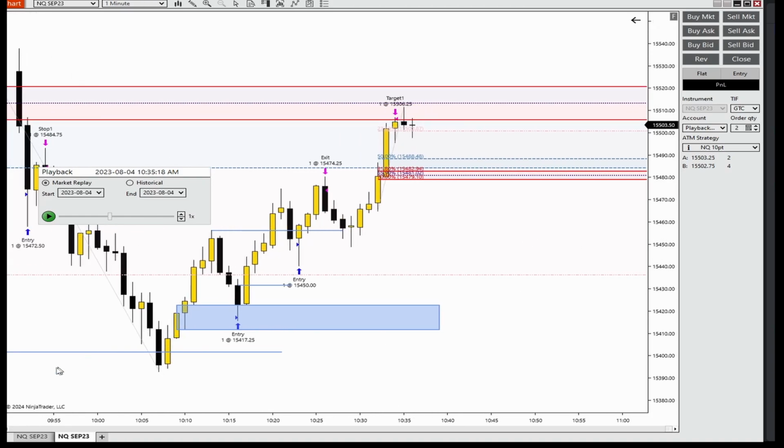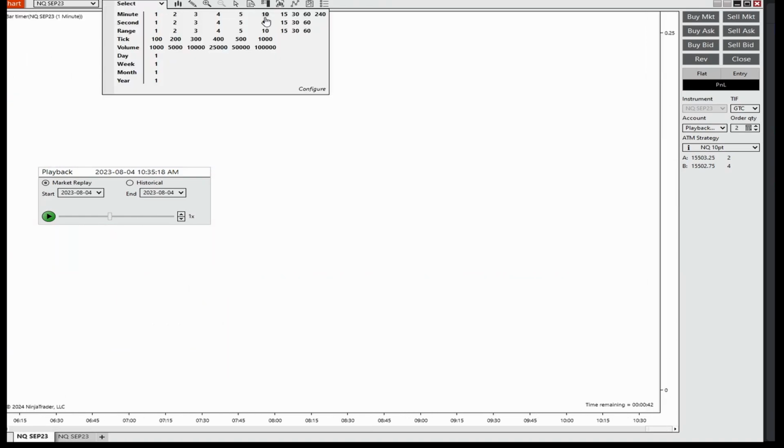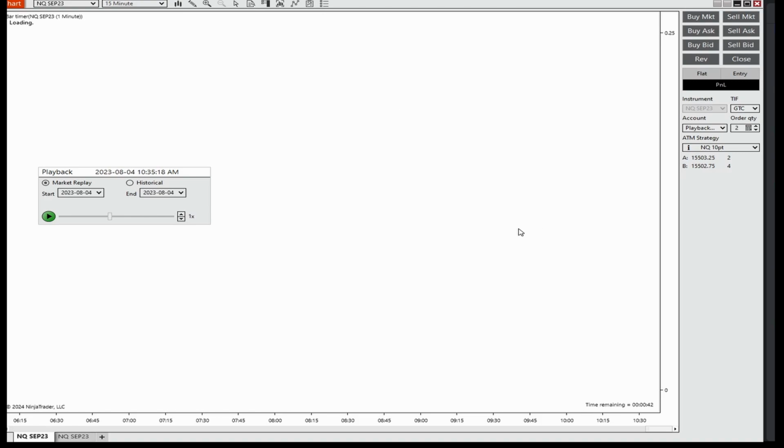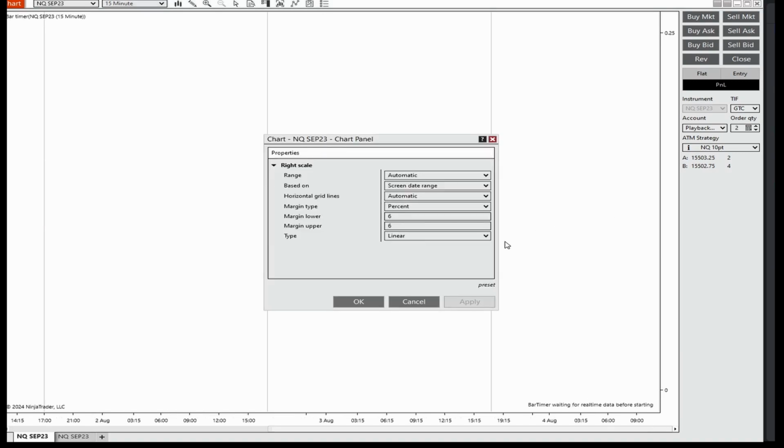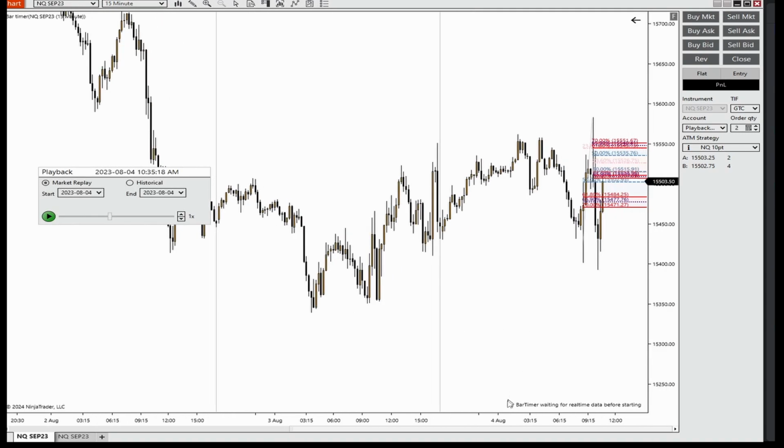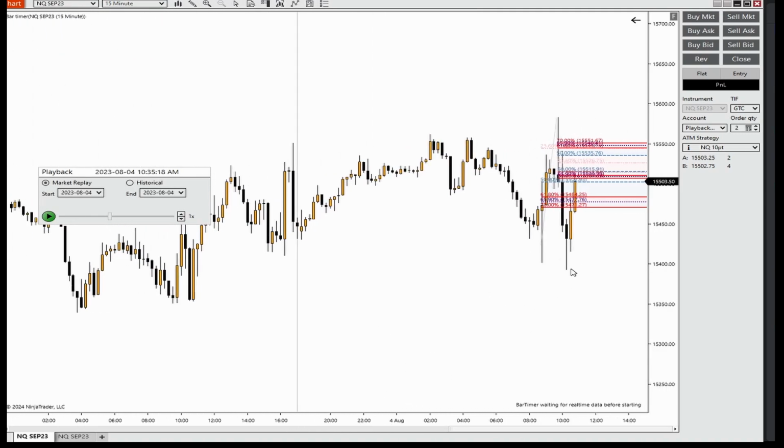Yeah, I mean, we've got our double bottom on our 15, which I switched off of. Look how beautiful this is. This is going up here.